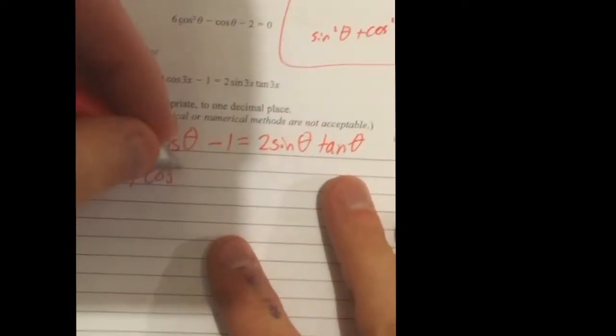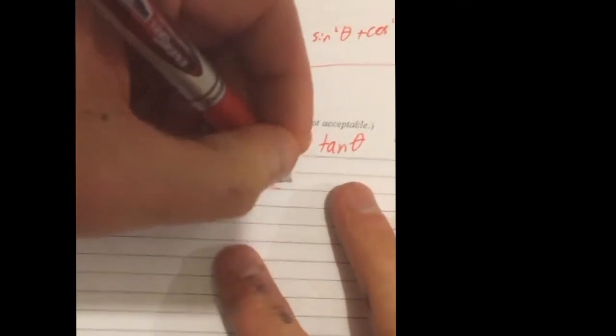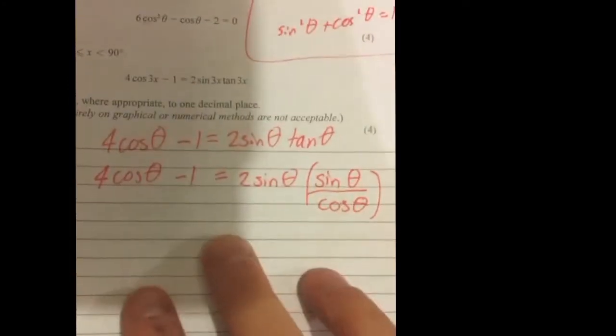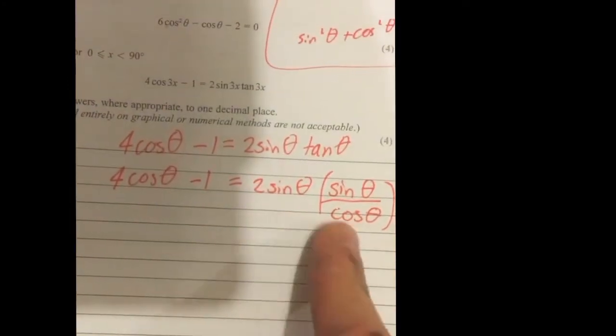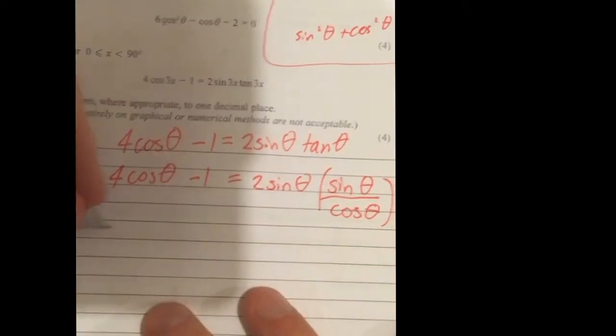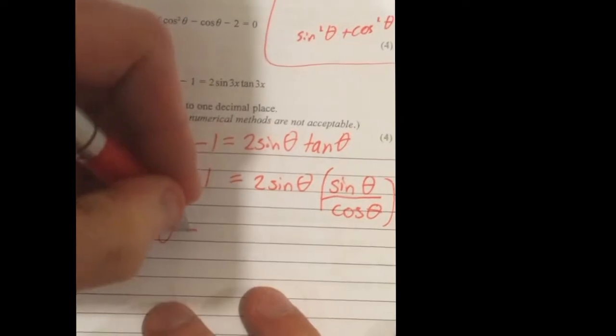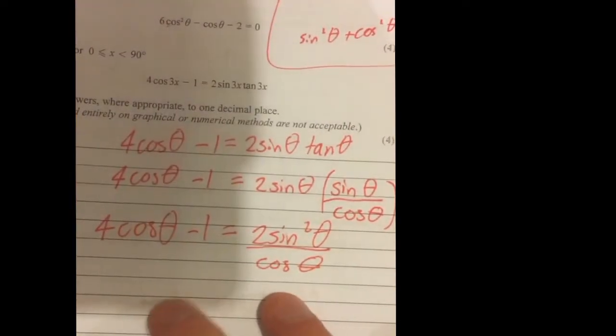So 4 cos theta minus 1 equals 2 sine theta times sine theta over cos theta. So now we're going to expand this set of brackets and aim to change these sines into cosines. So 4 cos theta minus 1 equals 2 sine squared theta over cos theta.